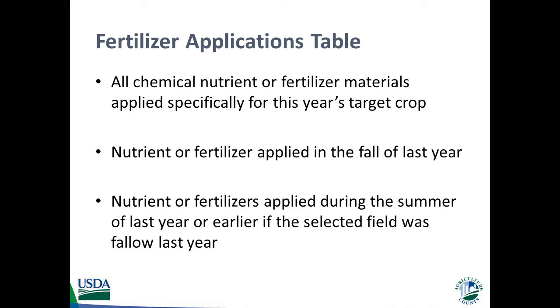If the selected field was fallow last year, meaning that there was no crop planted there and the field was sitting idle, possibly due to prevented plantings, you will want to include any nutrients or fertilizers applied during the summer of last year or earlier, essentially going back to the harvest of the previous year's crop of whatever was in that field.